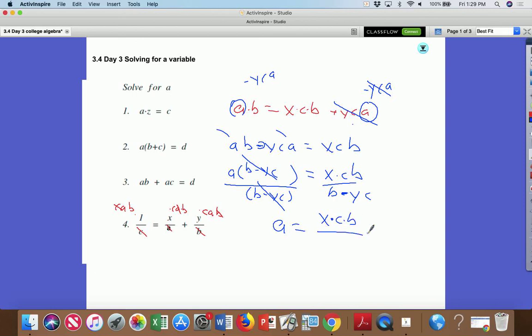Is the top factored? Yep, it's x times c times b. Is the bottom factored? B minus y times c. Are they all factors?